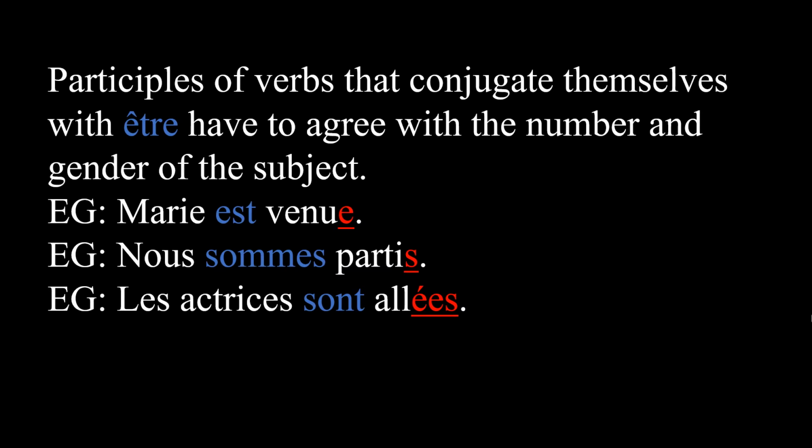If the subject is plural, there is an extra S added to the participle. And if the subject is plural as well as feminine, like the last example, les actrices, you have to add an extra E and an extra S to the participle. Please note that this agreement happens only when we are in the passé composé using être as the auxiliary, not with avoir.